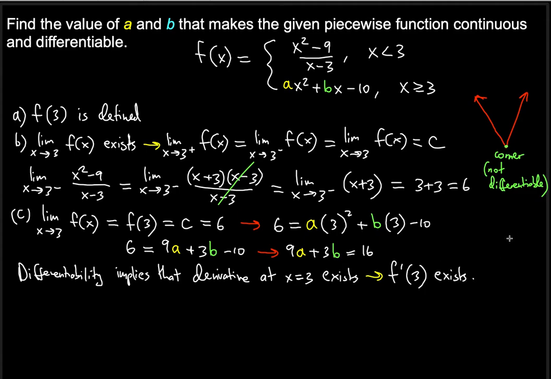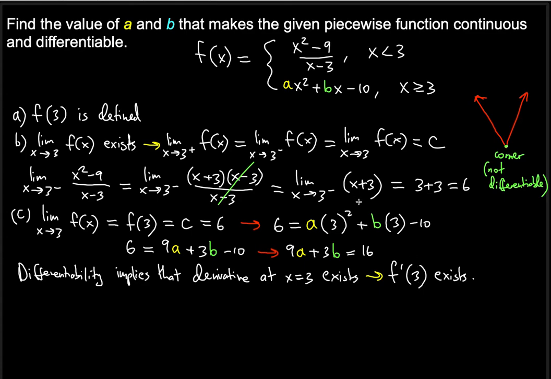Now, here's the thing. Whenever f prime of 3 exists, you know there can be only one derivative at a certain point, right? Only one derivative value. There can be different kinds of curves that meet at one point, but the derivative value will be the same.